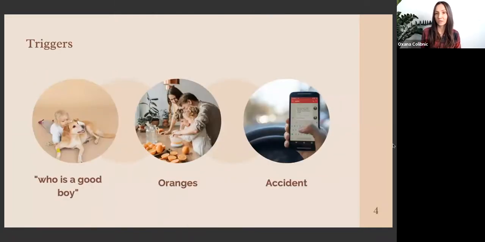All right, so triggers. How do they get created? As an example, imagine a little child who is 2 or 3 years old, running around somewhere playing, right? And then there's a big dog, and the big dog runs towards the little child, trying to give love and kisses, but the little child, never having seen a dog that big before, gets terrified and becomes really scared.